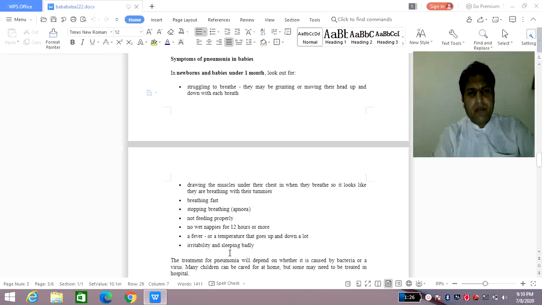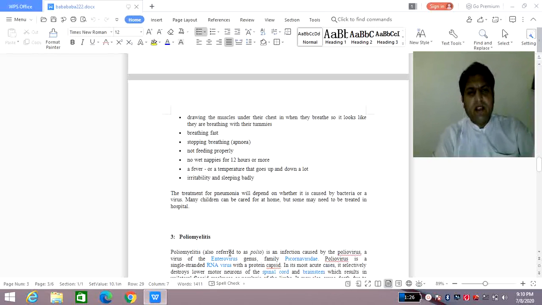Those are the most common signs and symptoms. As for treatment, if it is due to bacteria, of course we should recommend a potent antibiotic. If it's a viral one, then depending upon the situation, symptomatic and supportive therapy should be given.